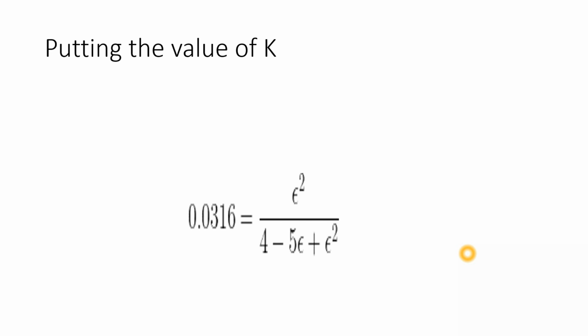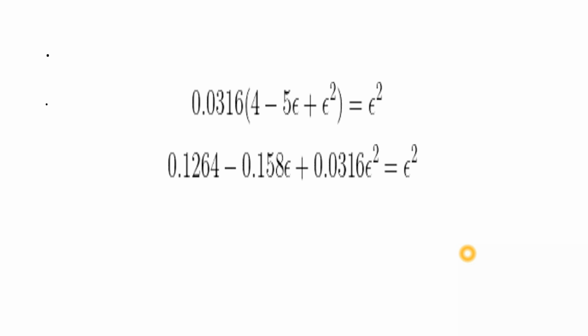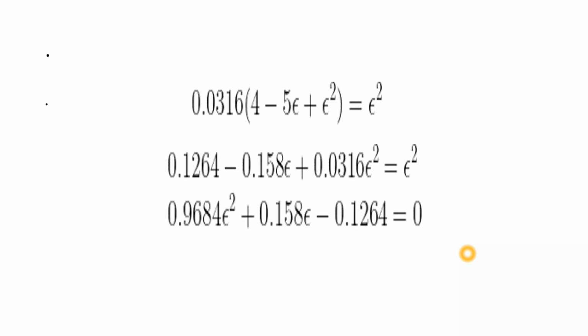Next, putting the value of K that we calculated earlier, 0.0316 is the K, so we will get this value again. Next, you can solve it, write this like this.